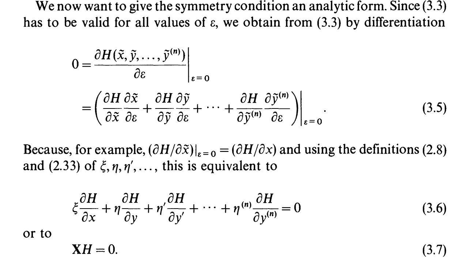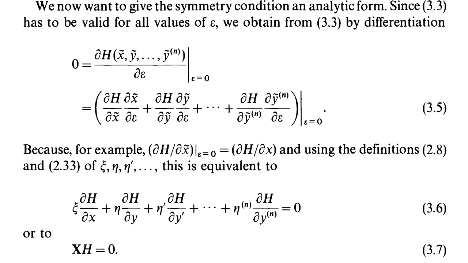Okay, we know what a symmetry generator of a differential equation is. You see, this is the variation in H, the given differential equation, and this is the variation in the differential equation with respect to epsilon.